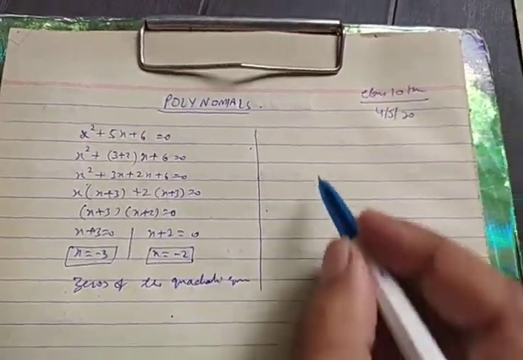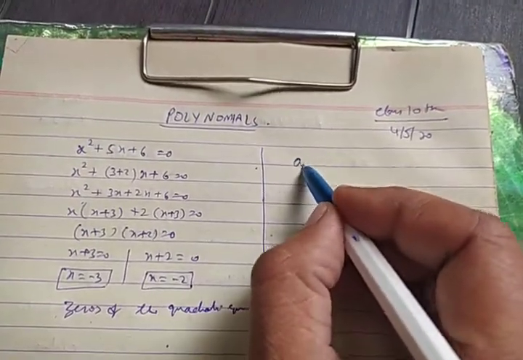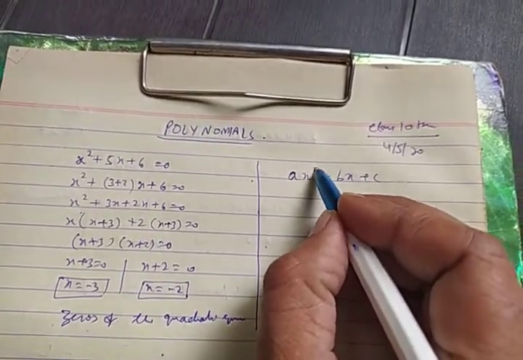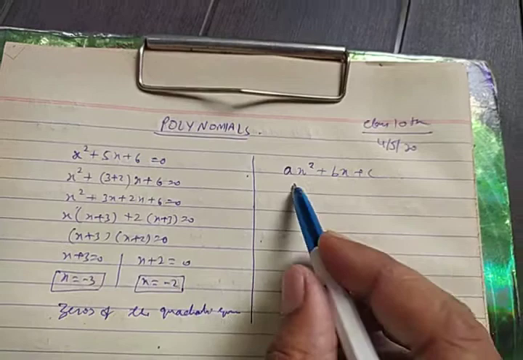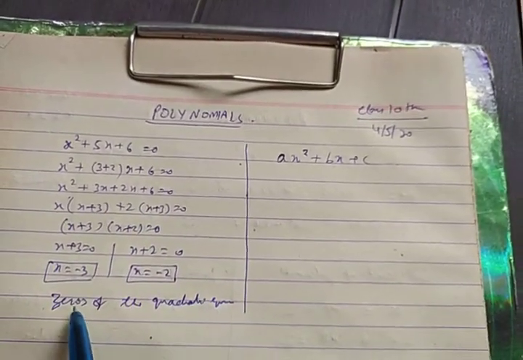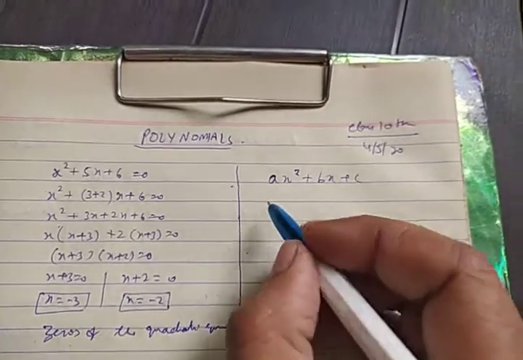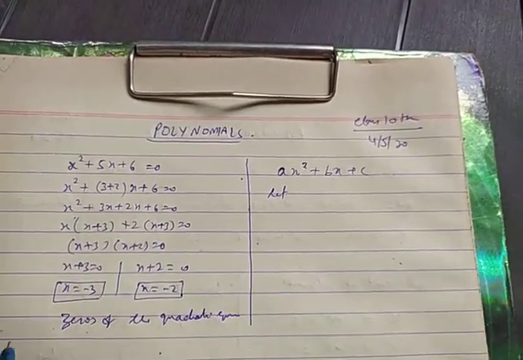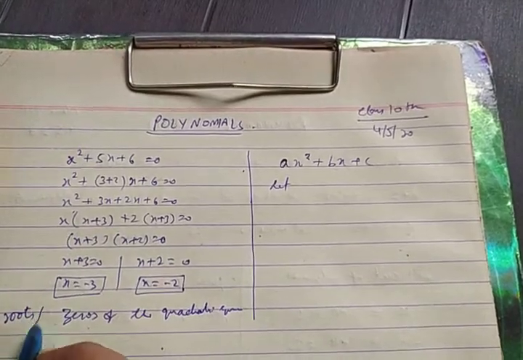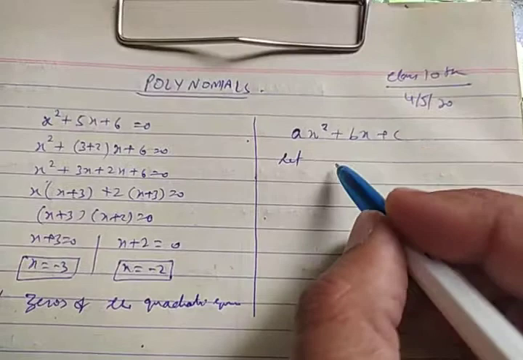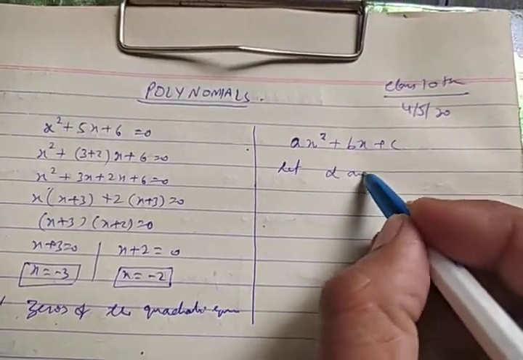In the same manner, suppose the equation is given in standard form, that is ax square plus bx plus c. If such an equation is given, you cannot solve it like this expression. Then you will have to assume, let the roots, these are the zeros or you can also say roots, be alpha and beta.